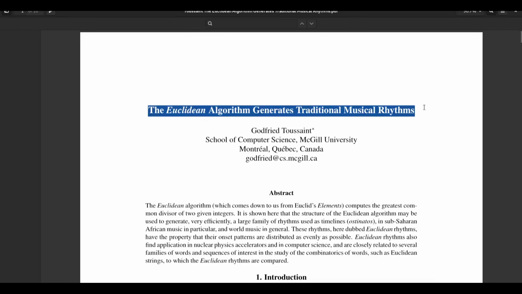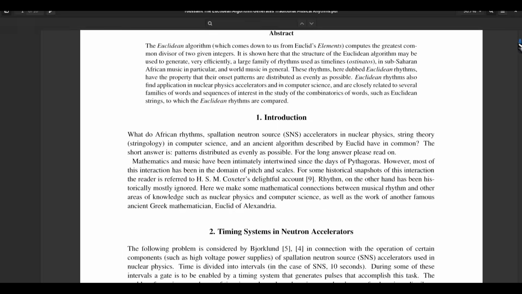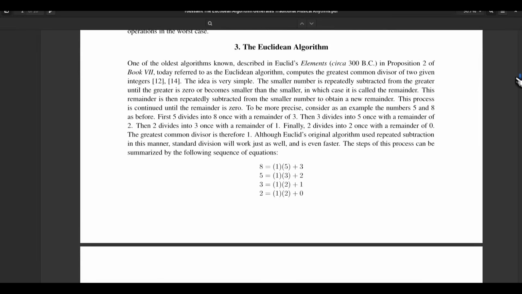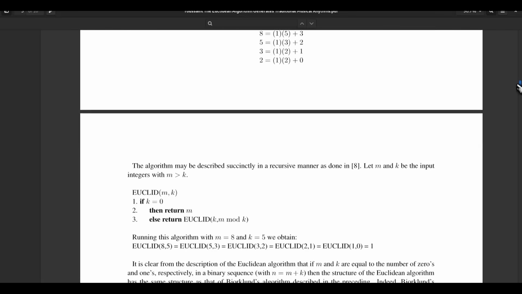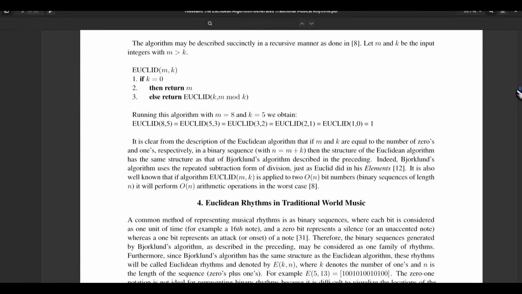So if you haven't seen this paper, getting finally onto the paper, this is the Euclidean algorithm generates traditional musical rhythms by Godfried Toussaint. And this is the gold mine of data for rhythm. This doesn't describe all rhythms ever, but it does describe the majority of rhythms that people like on Earth.